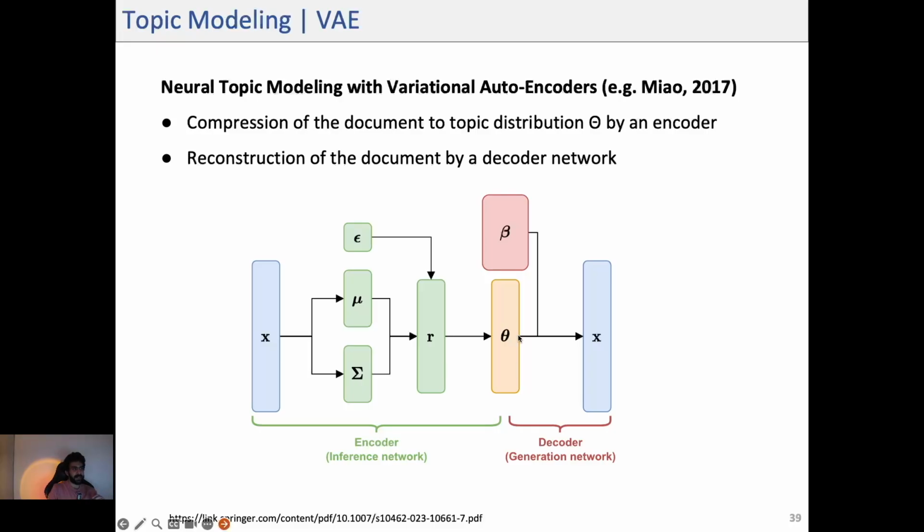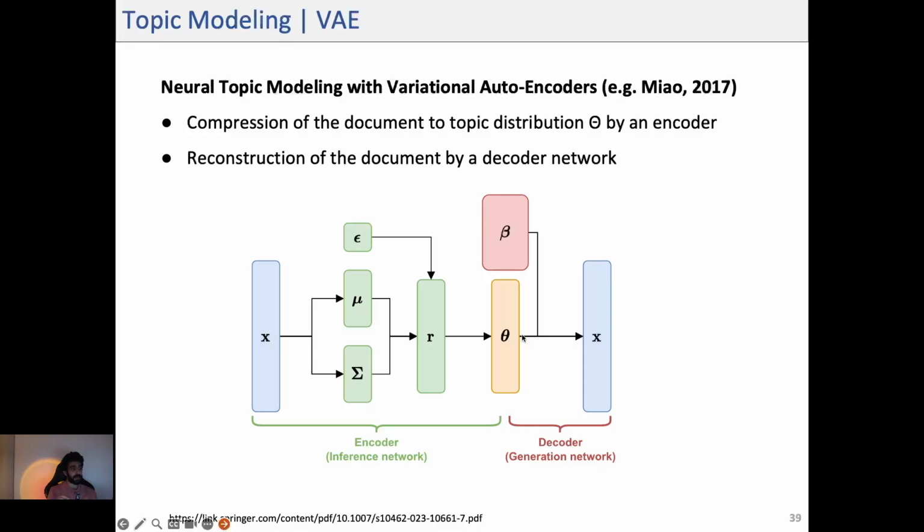Then the latent variable R is transformed into a topic distribution vector theta, which represents how likely the document belongs to each topic. Which brings us to taking the topic distribution in the decoding manner and a matrix beta which contains word distributions per topic, and then reconstructing the original document X. So the goal is just like an autoencoder.